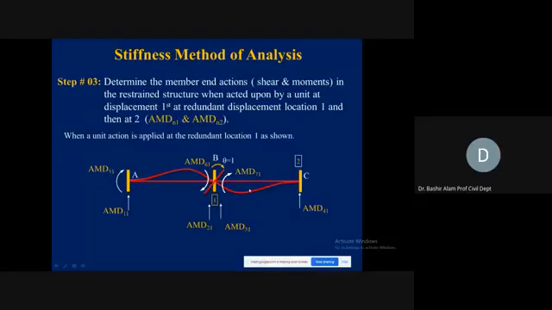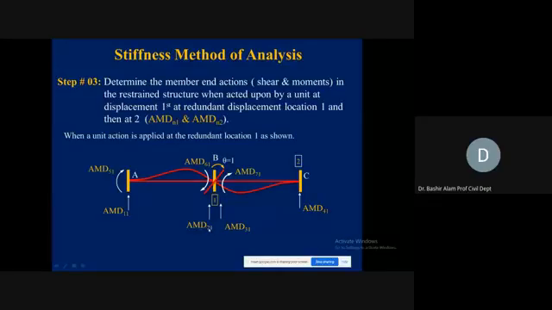Next, instead of AMR, we need to generate the AMD values. And from where will they come? From where we generated the stiffness coefficient matrix. You see here AMD11 corresponds to AM1, AMD21 corresponds to AM2.